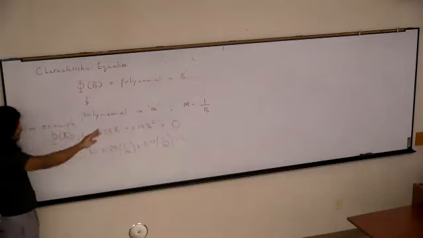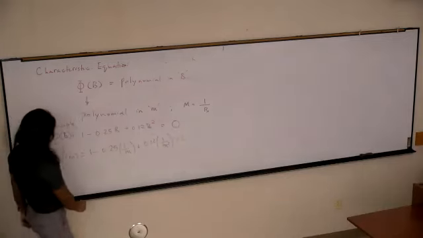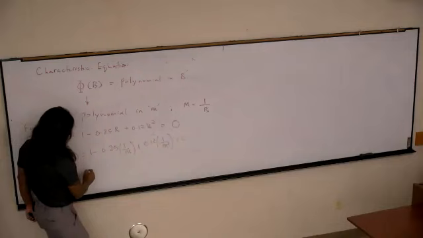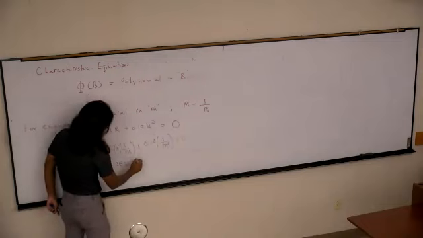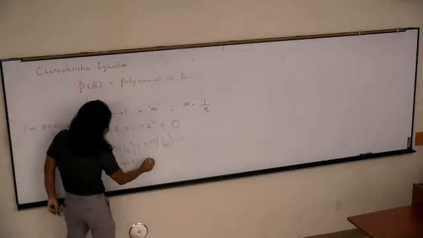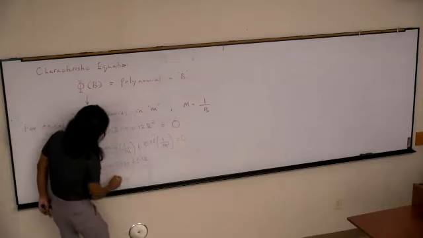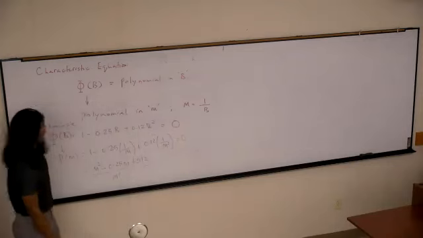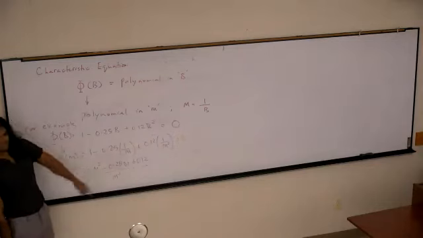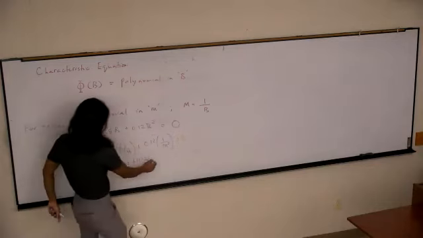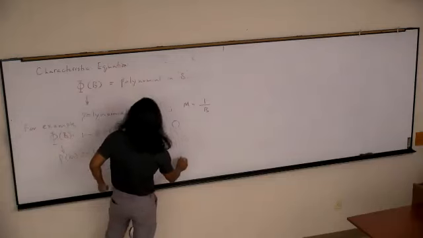We multiply by m squared on both sides, and end up getting m squared minus 0.25 m plus 0.12, entire thing divided by m squared. But I'm setting it equal to 0, so that denominator is going to vanish.